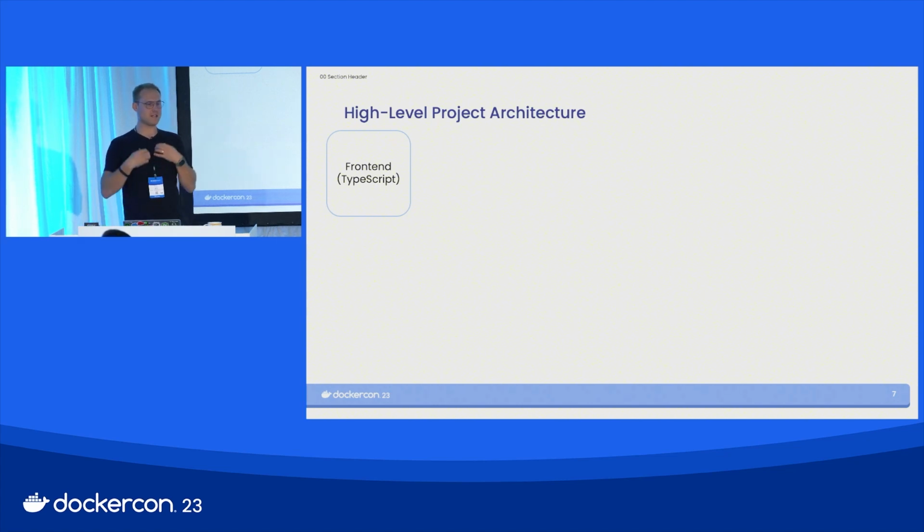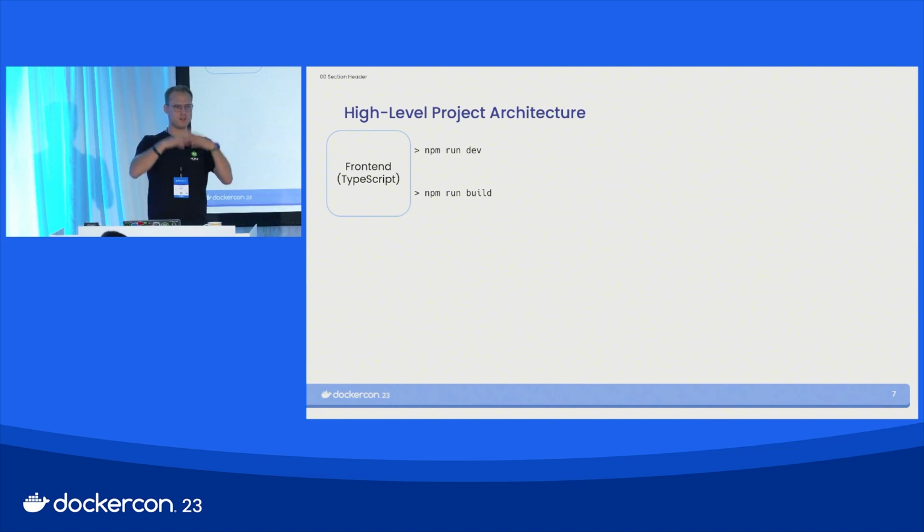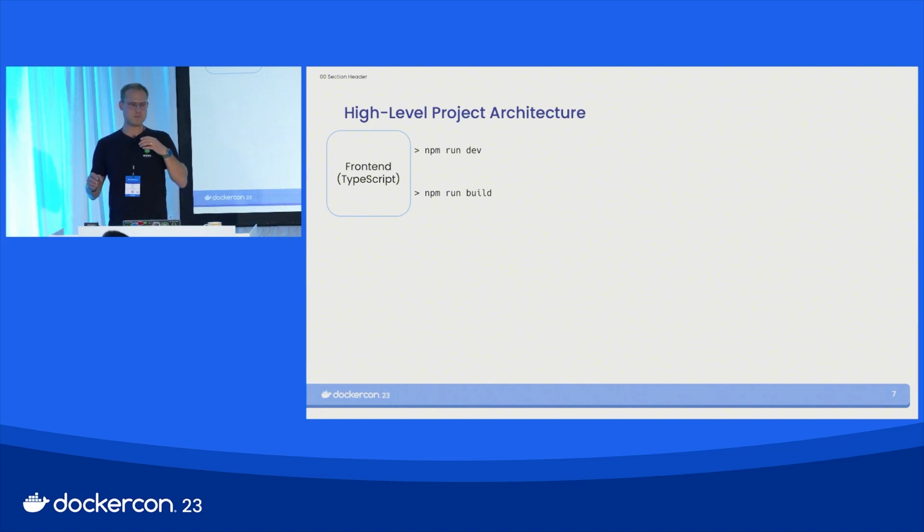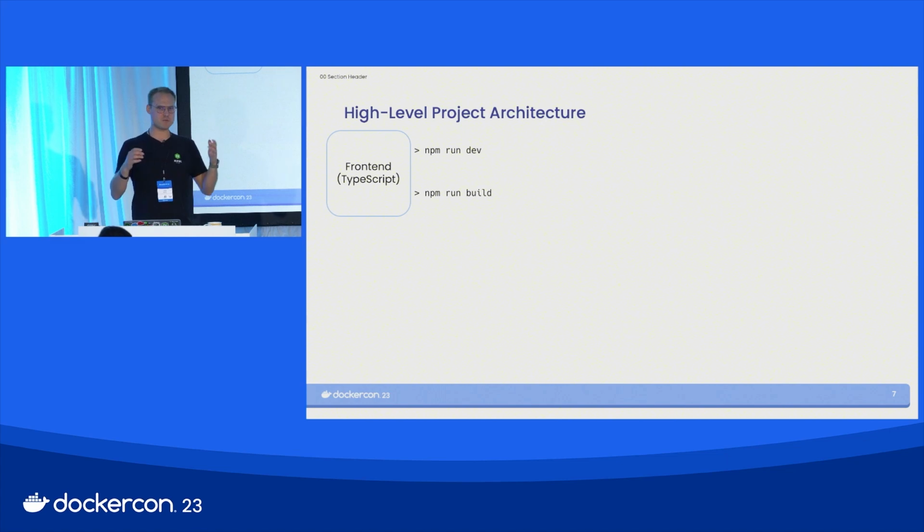This is where the cross-origin problem comes into play. We can do this npm run dev thing, and we can do npm build to build all this. npm is the Node package manager. We will use this.